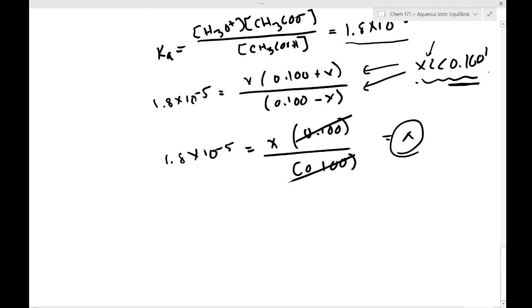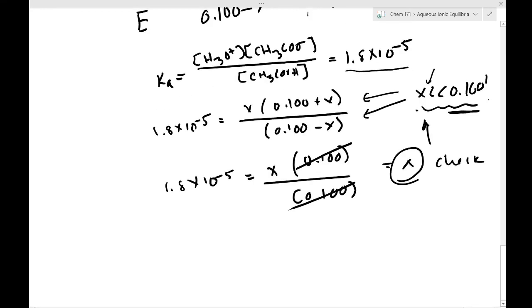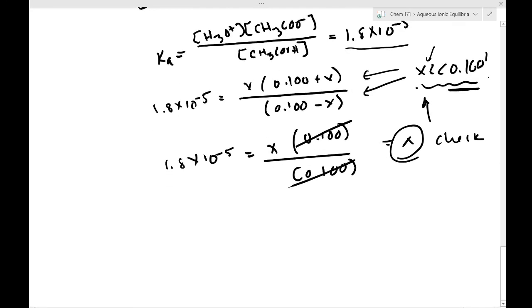If we check this now, up here, is X actually less than 0.1? We don't even have to run the numbers there. It's very much so smaller than 5%. It actually ends up being 0.018%, which is totally fine. So in this case, X is equal to 1.8 times 10 to the minus 5 molar.